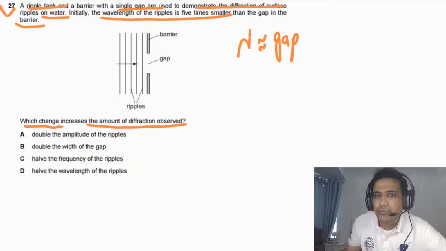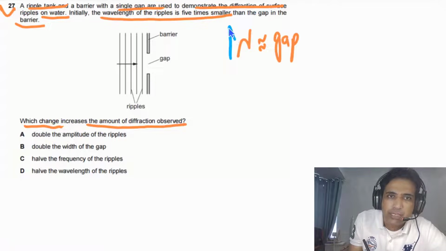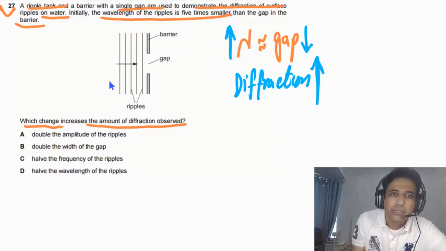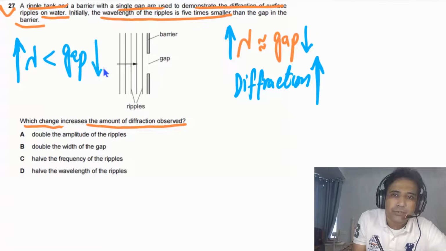If we want to increase the diffraction, we have two options: increase the lambda or make the gap smaller. Here lambda is smaller than the gap, so we have to increase lambda or decrease the gap.